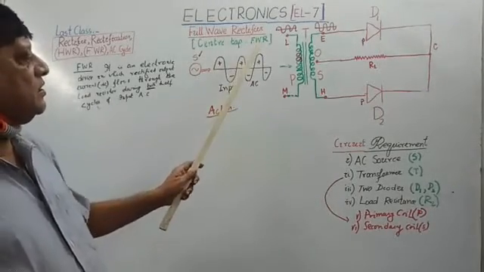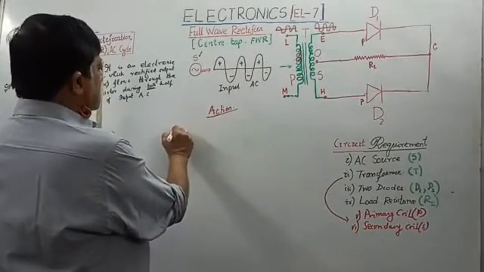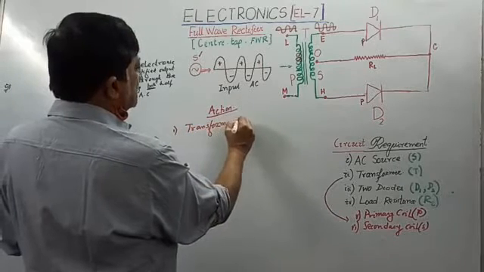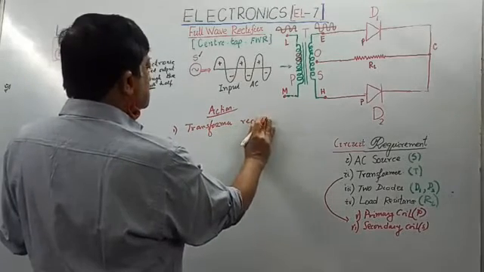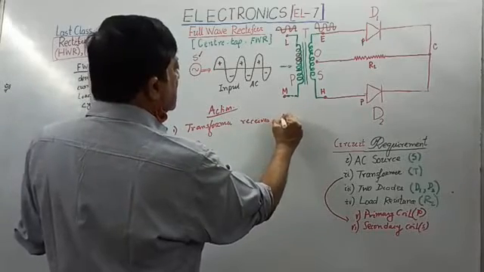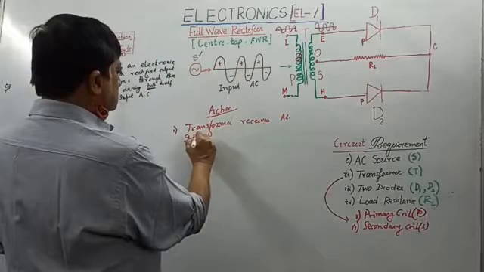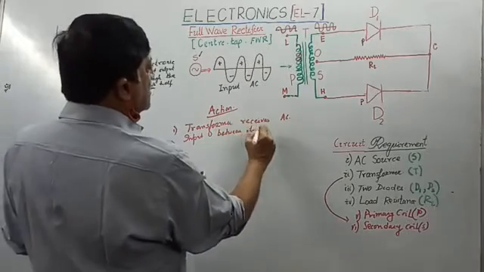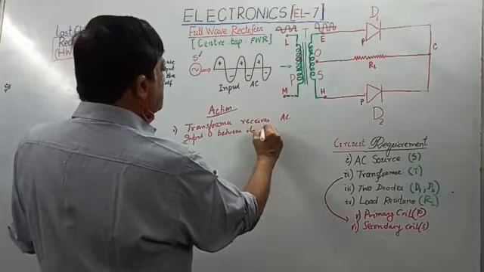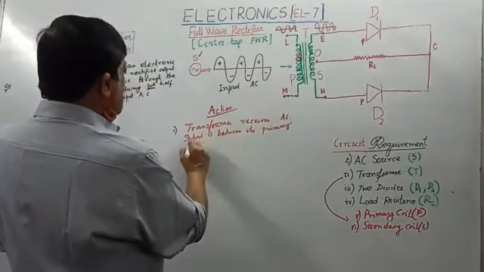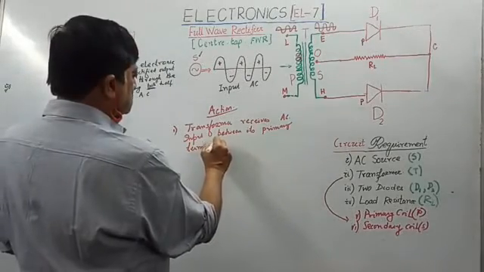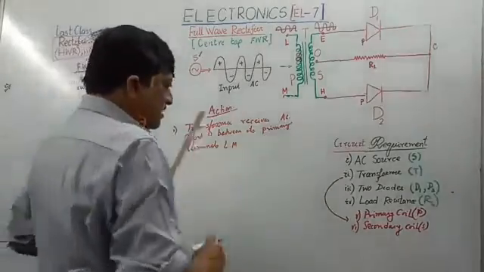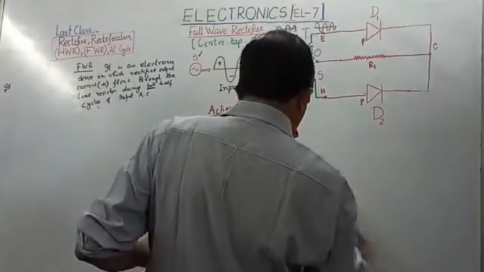Now you see, the transformer receives AC input between its primary terminals L and M. We have already done this.